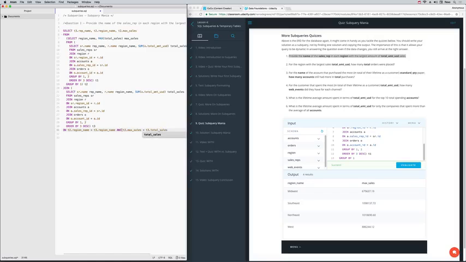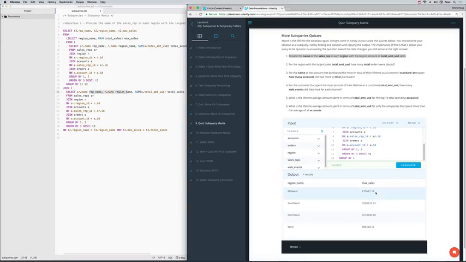So if the regions match, then we know that we're looking at the right region. And if the max sales is equal to the total sales, then that means that the max sales is equal to the sales that we saw for a particular rep in this first table. So it'll only pull the sales representatives who have sales that are equal to these amounts and where they're in this region.